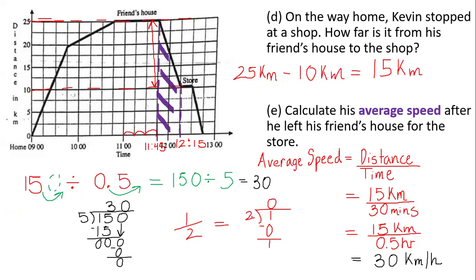We can't really do anything, so we have to add a decimal point. The decimal point gives us permission to add zeros. How many times does 2 go into 10? 5. 2 times 5 is 10. That is why 1/2 is 0.5. So that means half an hour is actually 0.5 of an hour.